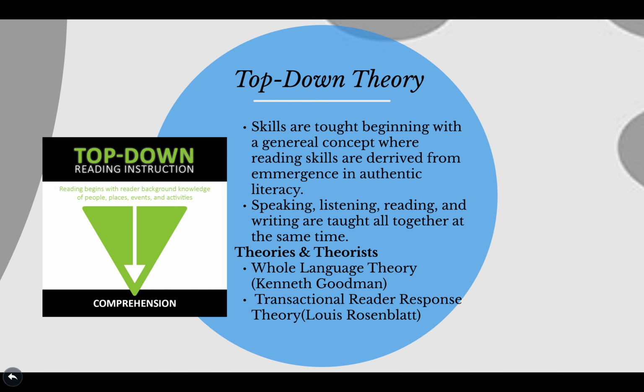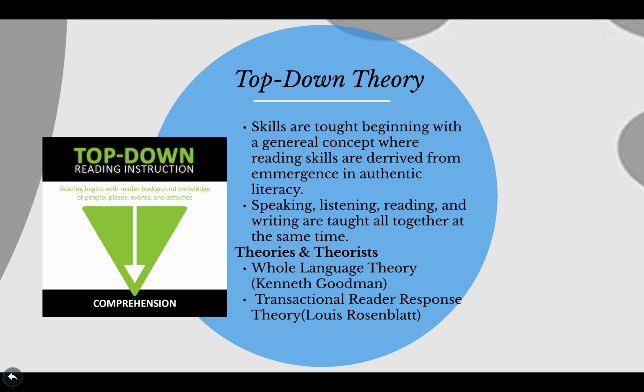In contrast to the bottom-up approach, the top-down approach starts with a general concept and the application of skills, which are derived through authentic immersion in literacy. In this approach, speaking, listening, reading, and writing are all taught together at the same time. According to Tracey and Morrow, the top-down approach views the reading process as being dependent on what is in the reader's head rather than what is written down on the paper.